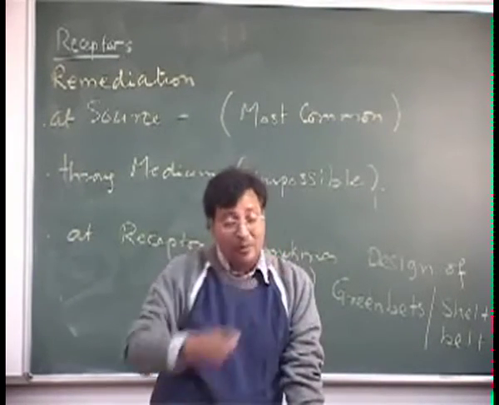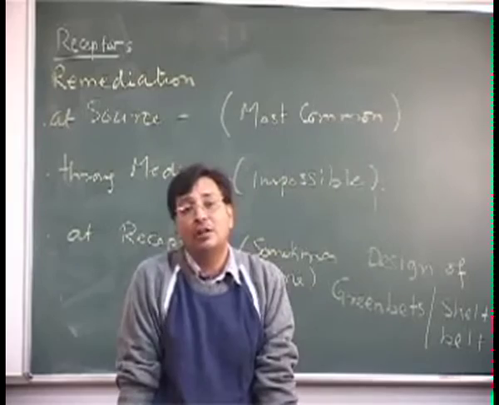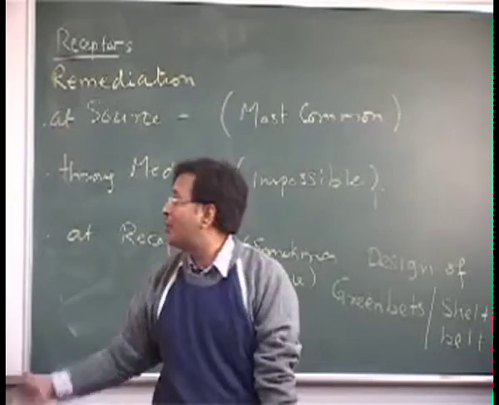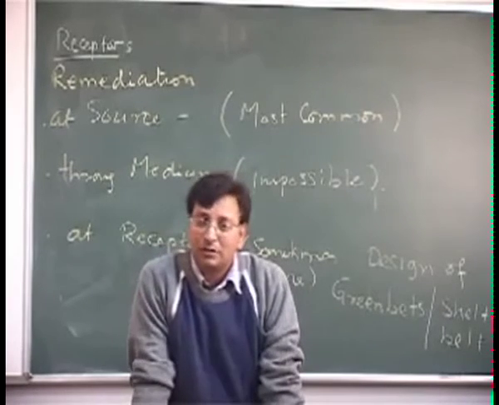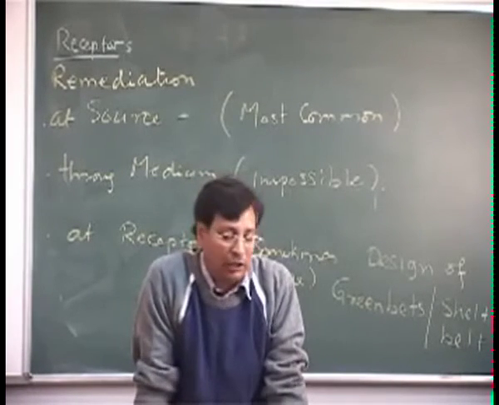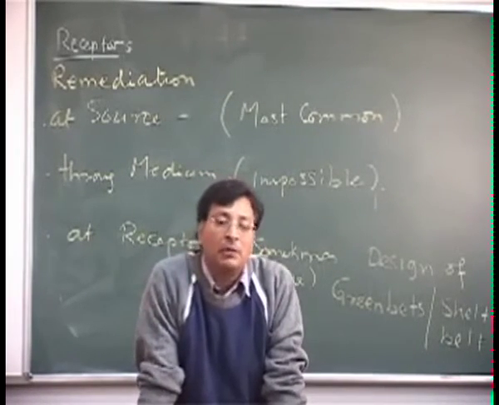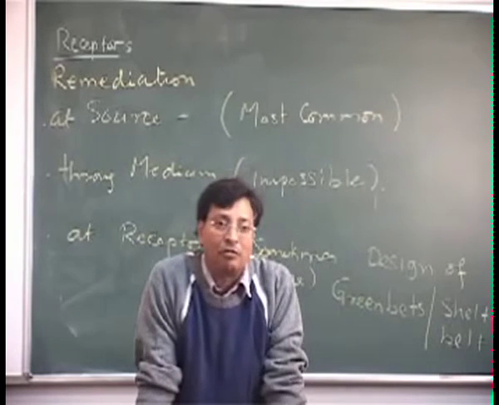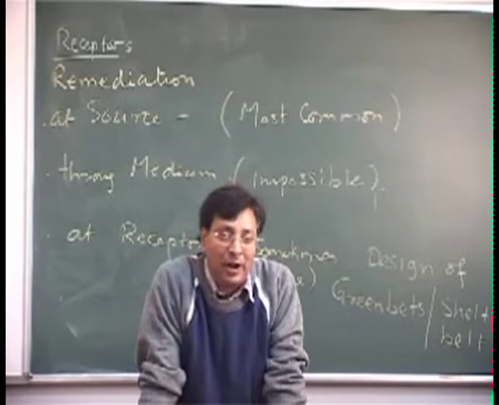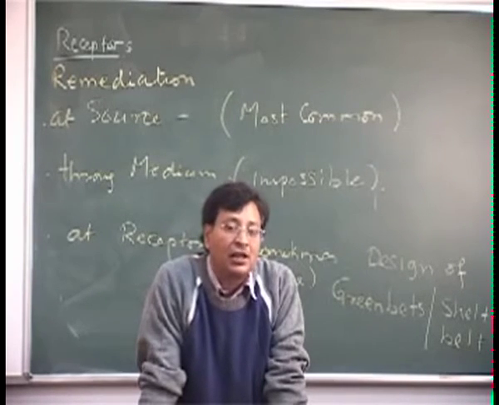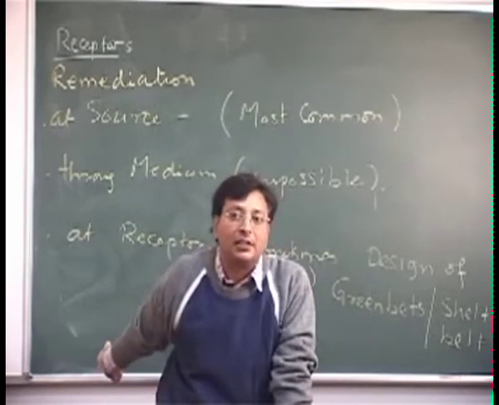Okay. Now can you comment on something about pollution control at source? So the philosophy of air pollution control is to reduce the emissions of the pollutants from the source so that its impacts are less than the desired concentration at the receptor.